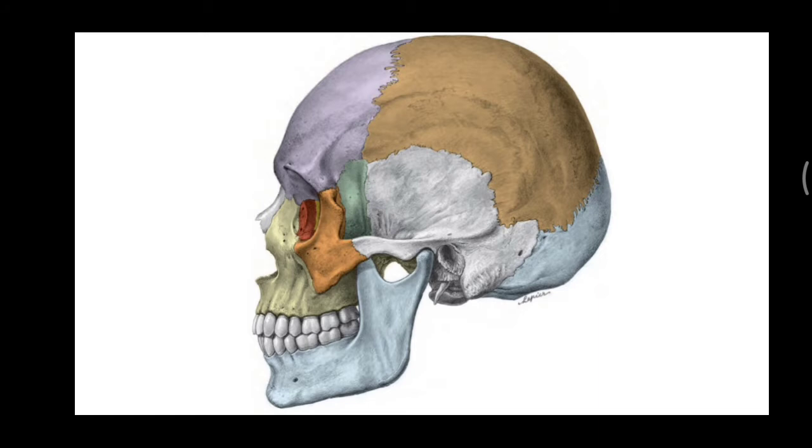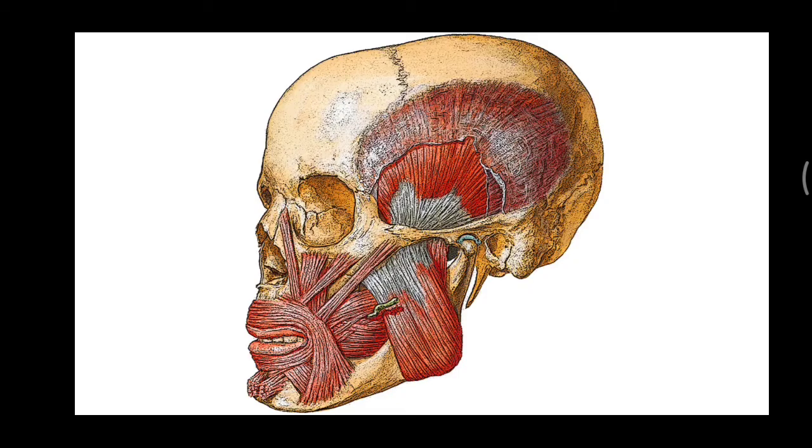The deep layer arises from the deep surface of the zygomatic arch and is inserted into the upper and anterior part of the lateral surface of ramus of mandible, including a part of the coronoid process. The middle and deep layers together cross the superficial layer in X-like manner and form a cruciate muscle like this.